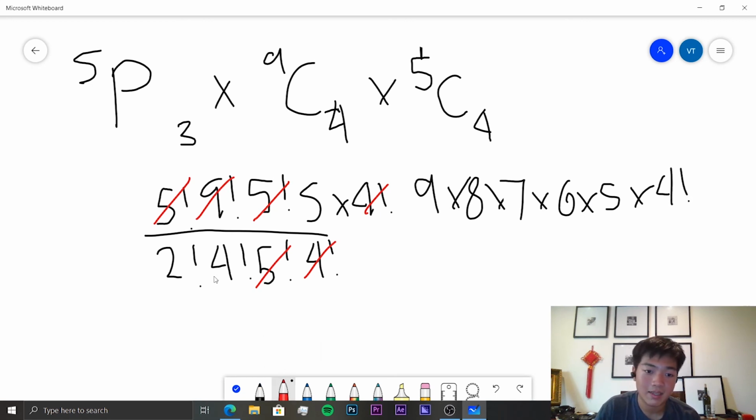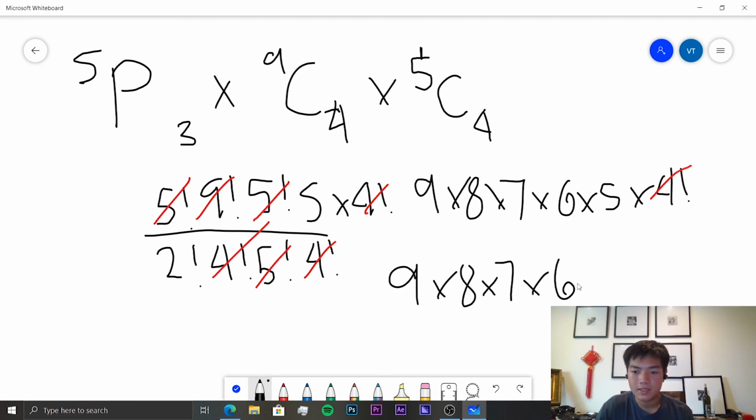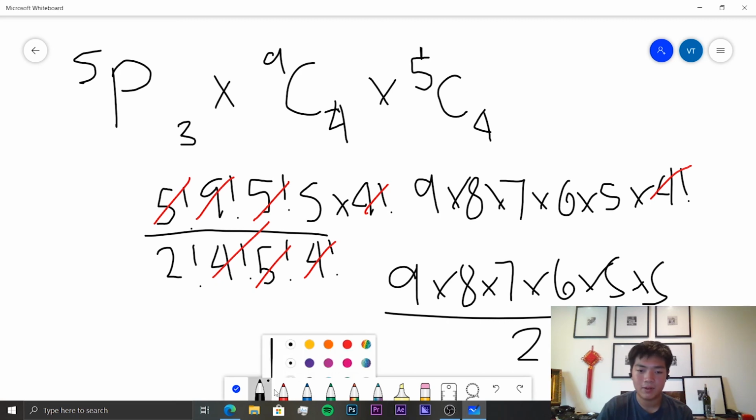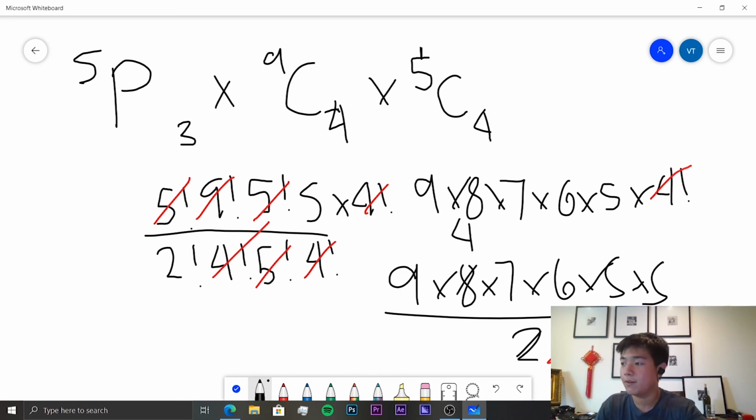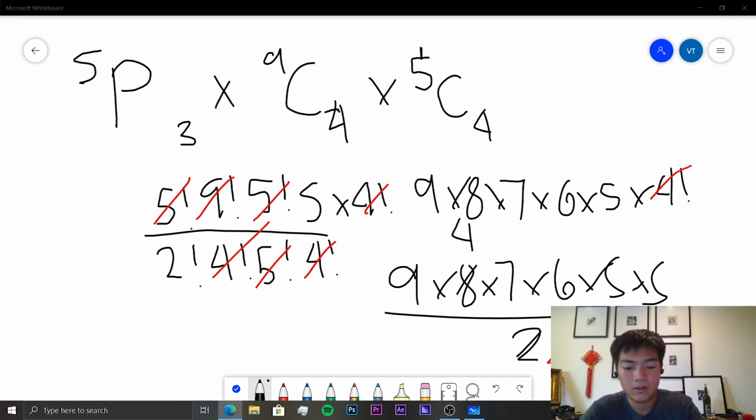And so we can cancel out this 4 factorial as well. So what we're left with is 9 times 8 times 7 times 6 times 5 times 5 divided by 2 factorial, which is just 2 times 1, but 1 is irrelevant here. So we can simply divide 8 by 2, leaving us with 4, and so we have the remaining 9 times 4 times 7 times 6 times 5 times 5. That is equal to 37,800. Is that the correct answer?